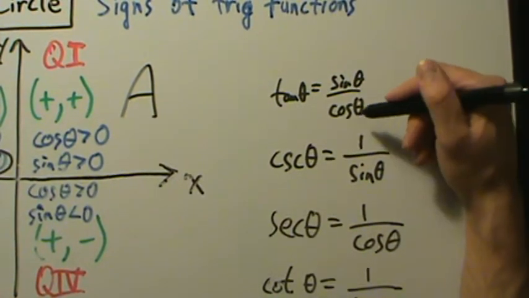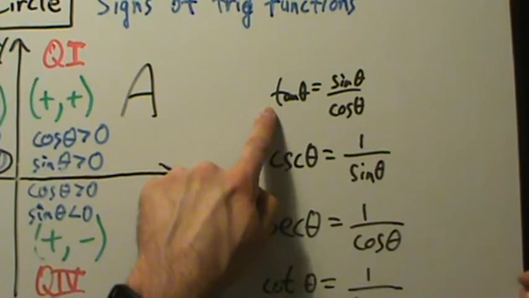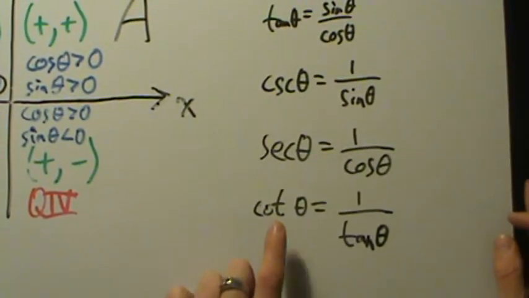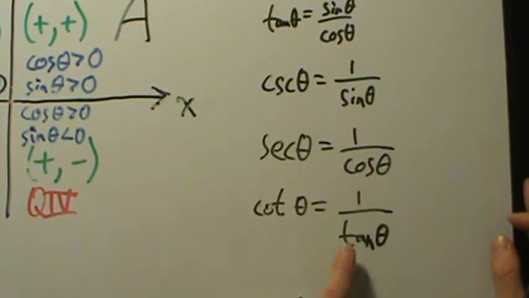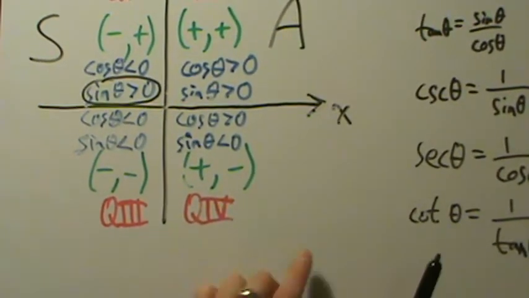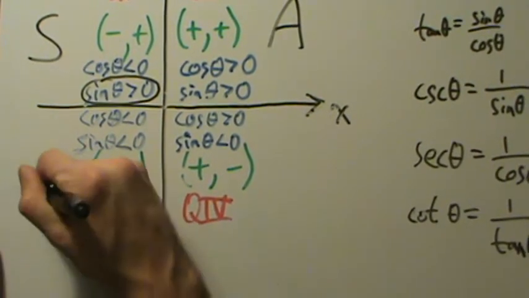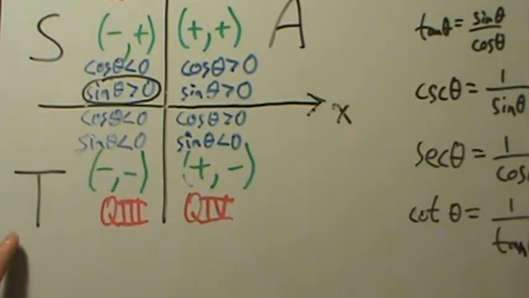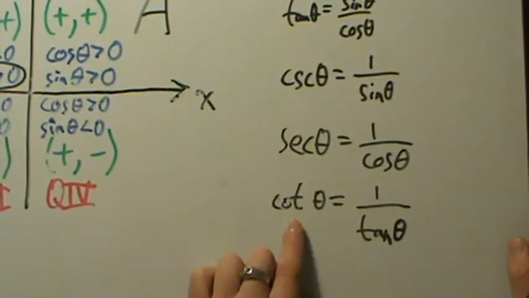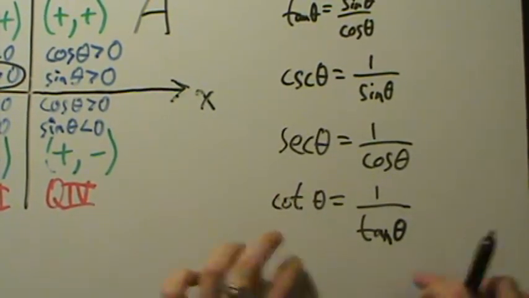So tangent is actually positive. Since tangent is positive in the third quadrant, then cotangent is also positive because you have 1 divided by a positive number. So in the third quadrant, only tangent and cotangent are positive, but the way we remember that is with a capital T for tangent, and know that since tangent is positive, cotangent must also be positive because they're reciprocals of each other.